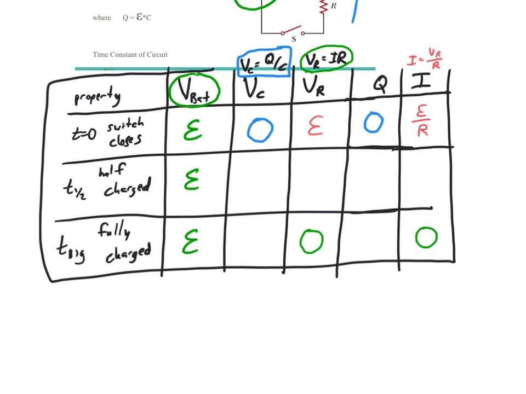So if you've got a voltage of the EMF being applied, then that's also going to be the voltage across the capacitor at that time. And to calculate the charge, it's equal to the voltage multiplied by the capacitance. That's going to be the EMF multiplied by whatever the capacitance is.